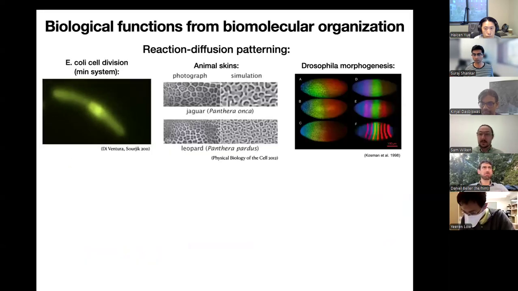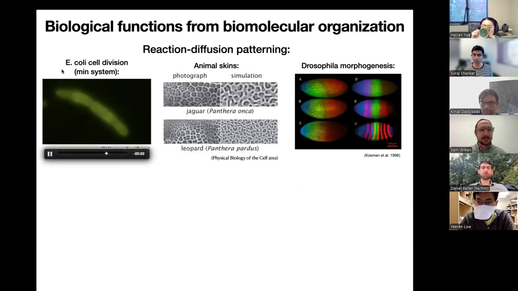Even then, the reaction network perspective of the cell is not enough to explain some of the very complex behaviors that have been observed in biological systems. For example, reaction-diffusion patterning is a very important one, a way that living systems can span length scales from the nanoscale up to the organism scale.